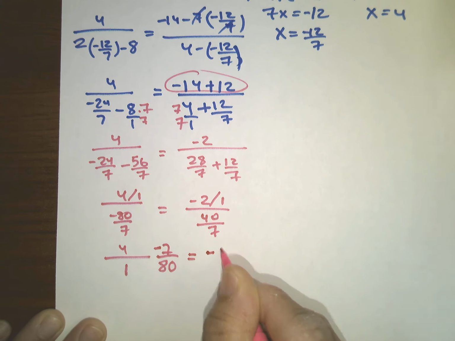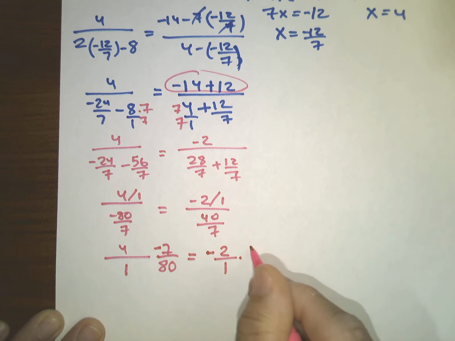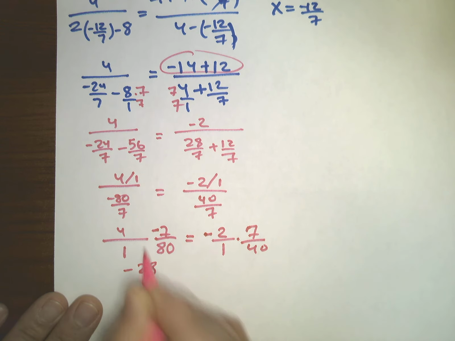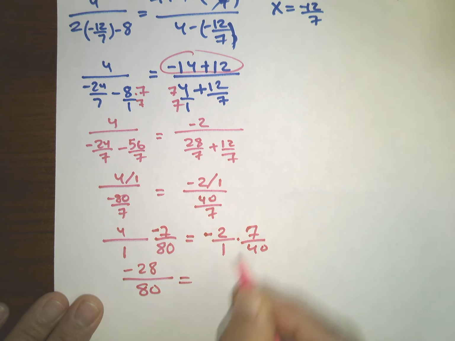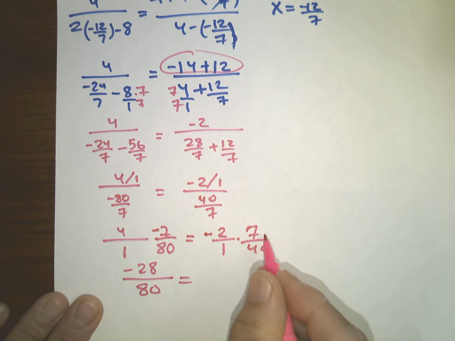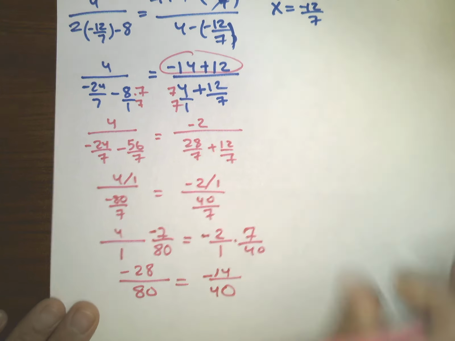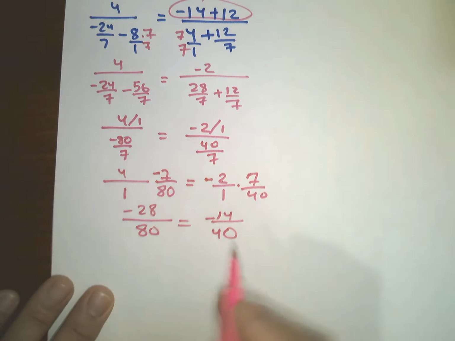So then negative 2 over 1 times the 7 over the 40, so then we have 4 times negative 7 is negative 28, 1 times 80 is 80, and then we have negative 2 times 7 is negative 14, and 1 times 40 is 40, and then we can reduce each of these.